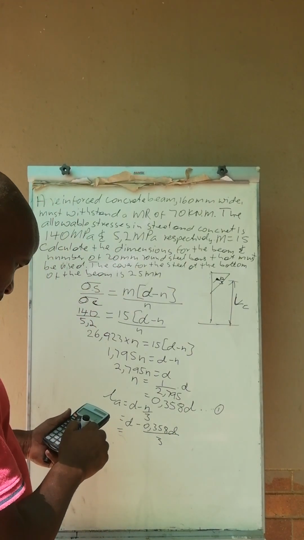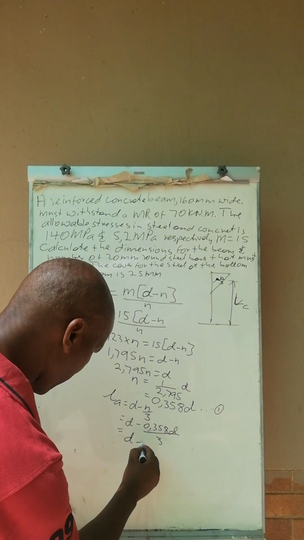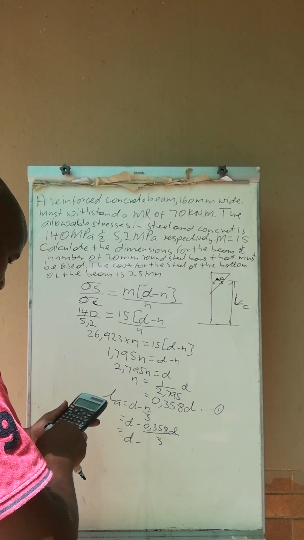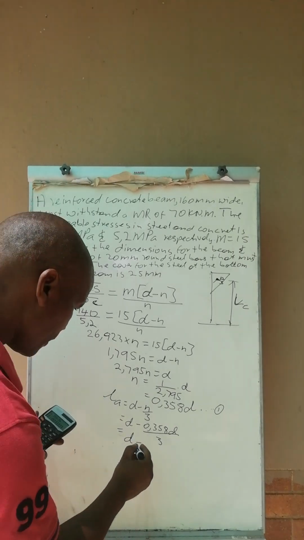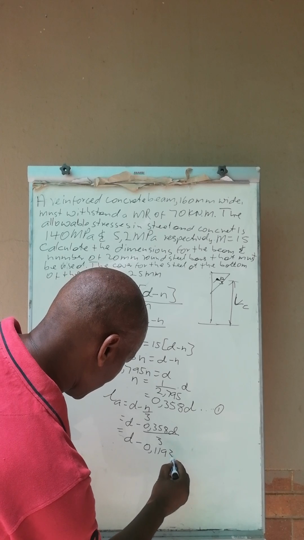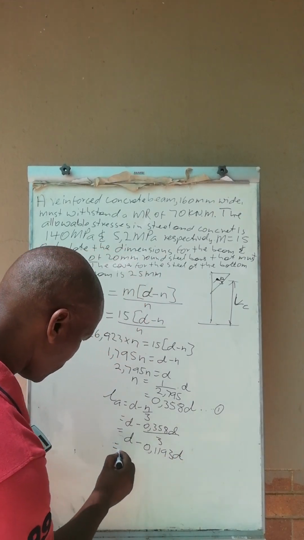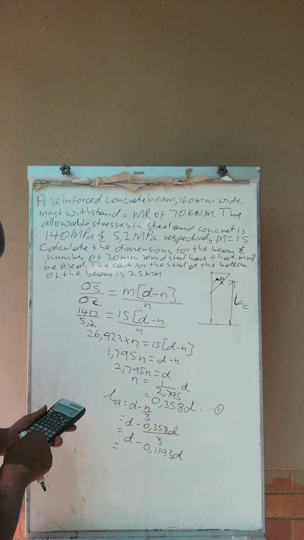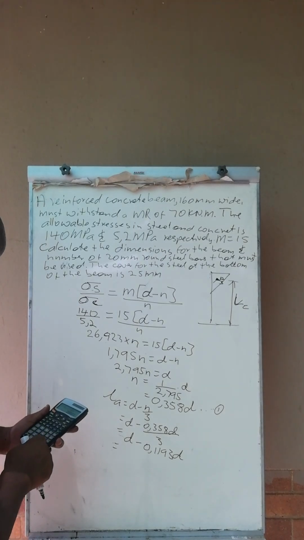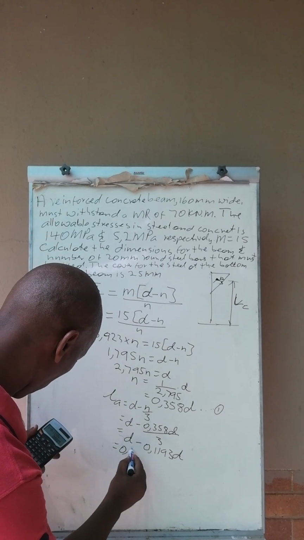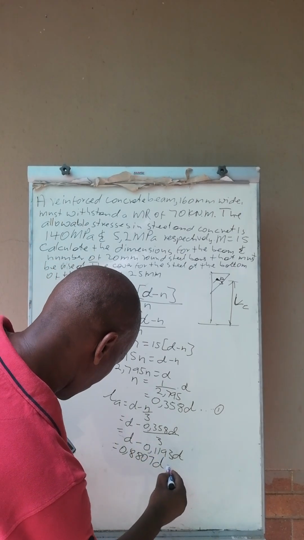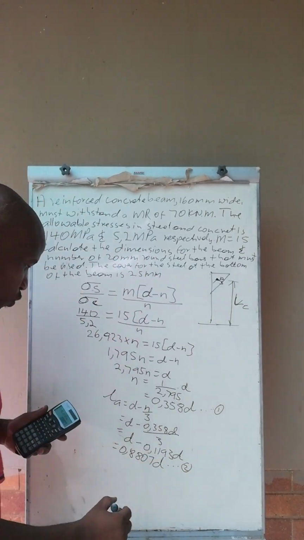It is D minus 0.358 divided by 3, which is 0.1193 D. So 1 minus 0.1193 is equal to 0.8807 D. That is equation 2.